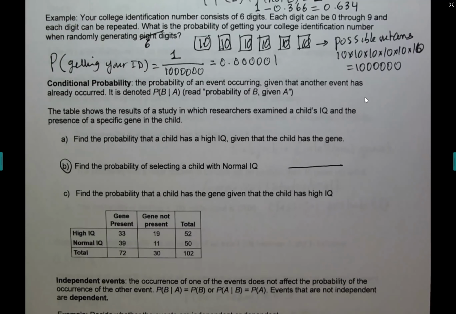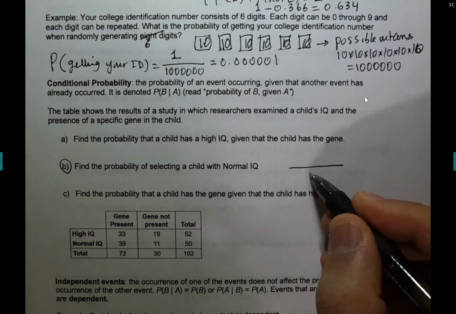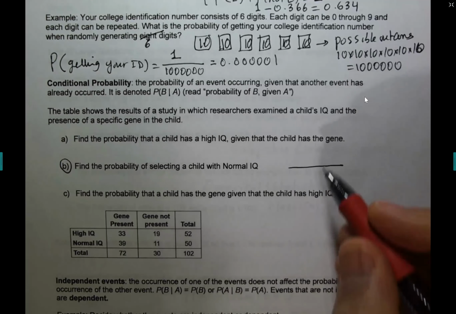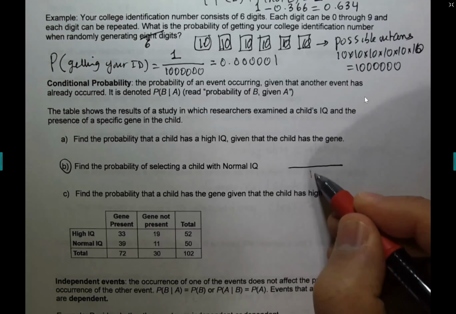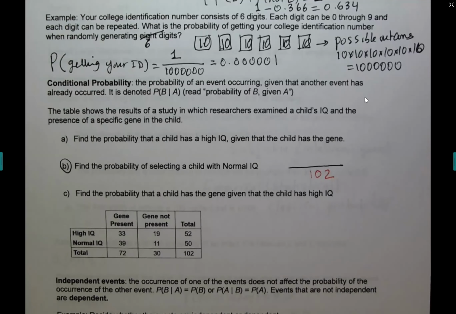As I told you, the definition of probability is the number of favorable outcomes divided by the number of possible outcomes. We're selecting a child at random, guys, from the entire group. So what do you think the denominator is? 102. Exactly. We don't know what is going to come up, so we're getting it from the group of 102.